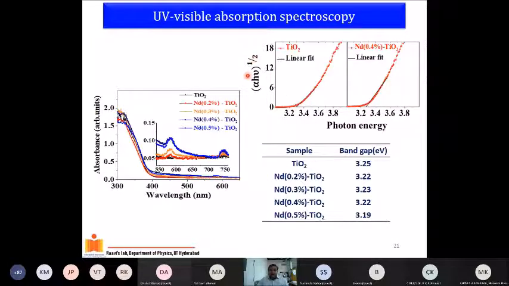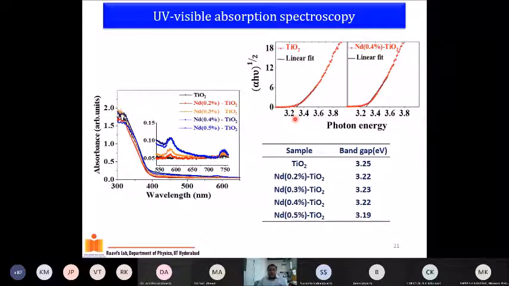Tauc plot looks like this. You plot (α hν)^(1/2) against hν, the photon energy. So you get a plot like this. You fit linearly the linear part of this curve, and when you extrapolate the linear fit, the point where it hits the x-axis is your band gap.